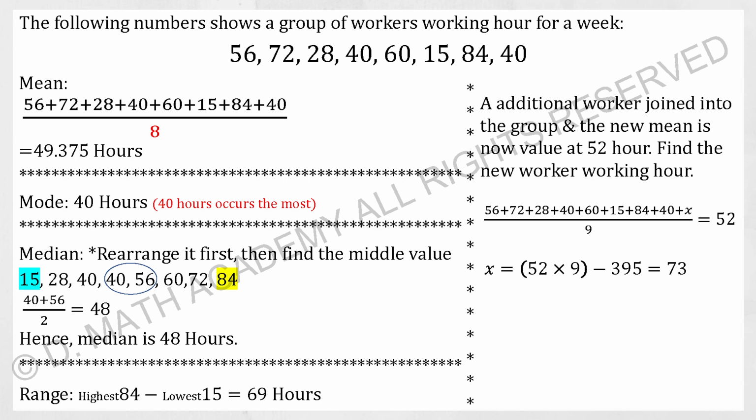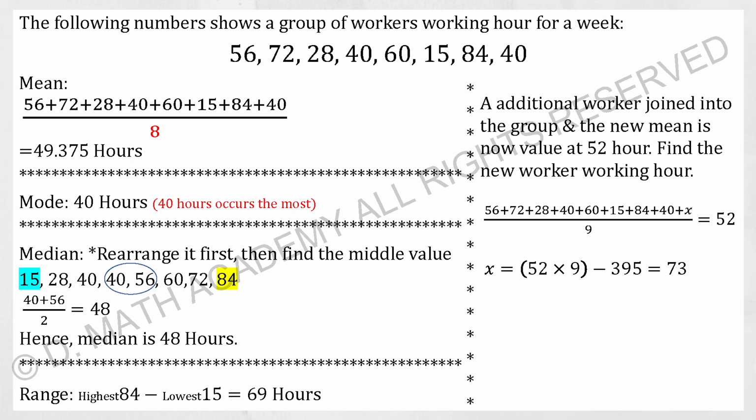If it's odd, you can get a definite answer. Over here it's even, so the values at the center are 40 and 56. Add these two up, divide by 2, and you get the median as 48 hours.